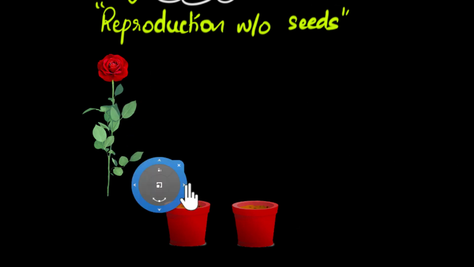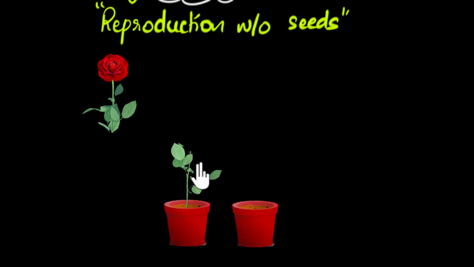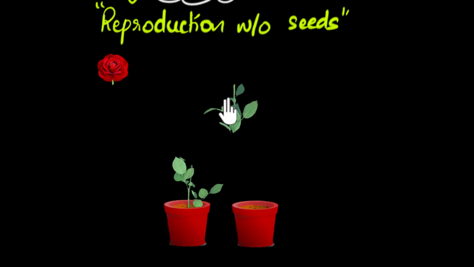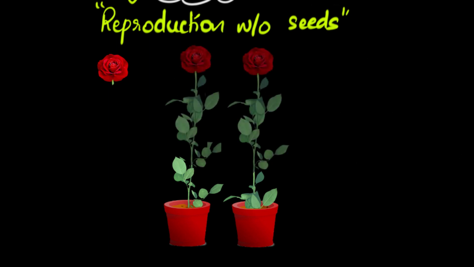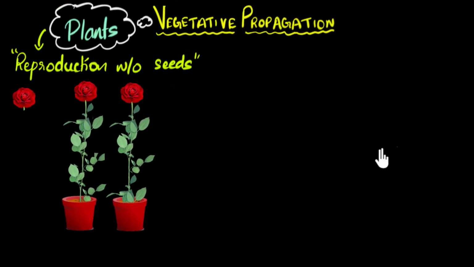So you take a cutting of its stem and you sow that instead. Similarly, you take another cutting of that stem and you sow that. And then if you give it enough water and nutrients and sunlight, you will find that they will grow into new rose plants. Voila! Reproduction without seeds.